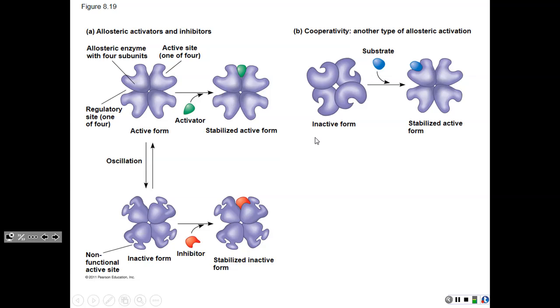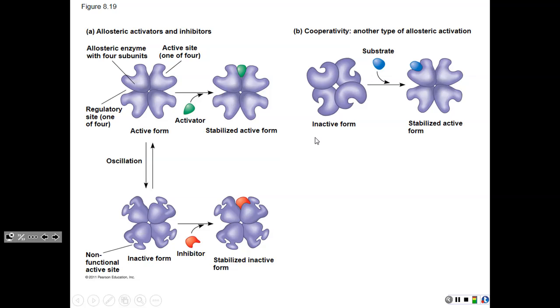It'd be nice if sometimes we could turn them off with inhibitors, and it'd be nice if sometimes we could turn enzymes on with activators. Might be nice if some enzymes were responsive to both inhibitors and activators, but pretty much every enzyme has to be responsive either to an inhibitor or an activator in order to maintain control and to have responsiveness, to be able to respond quickly as you might to a change in circumstances for a cell.